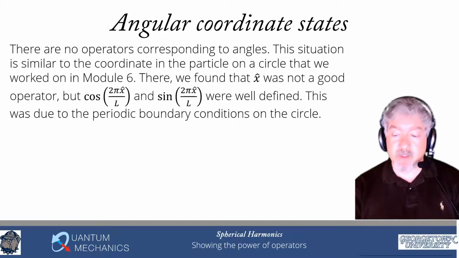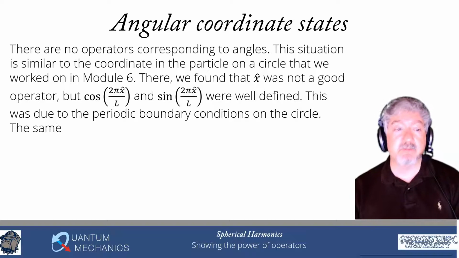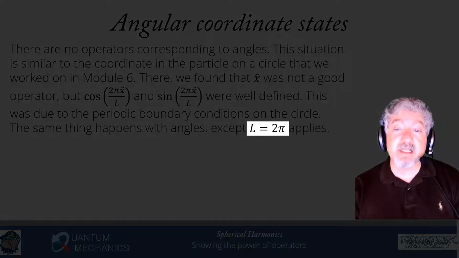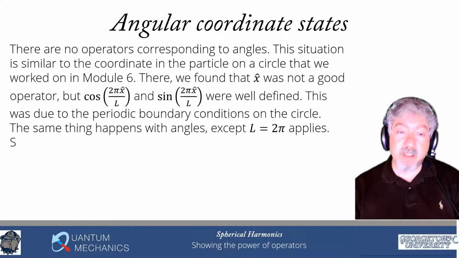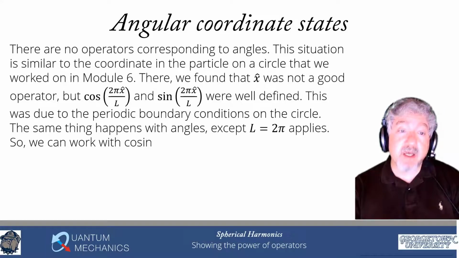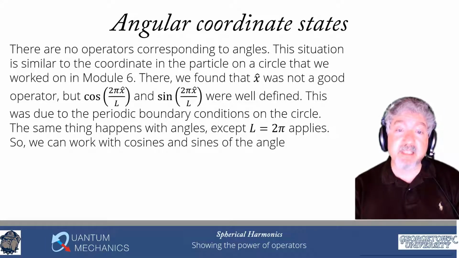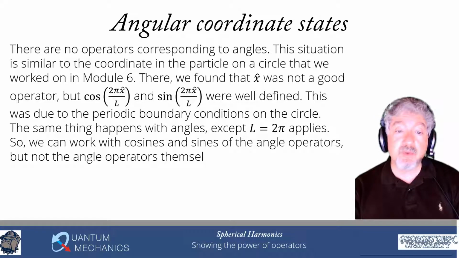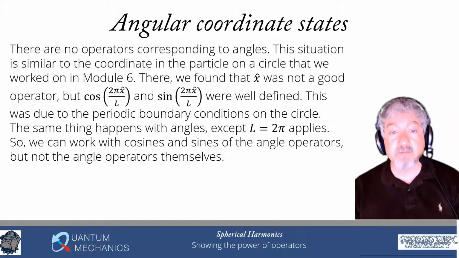You're going to have more about that on a homework. I'm not going to talk about that any further. But the same thing is happening here where the length L is equal to 2 pi for the angles. And so what we find is cosine of theta hat and sine of theta hat are going to be good operators that we can use, but the angle operators themselves, theta hat and phi hat, are not well defined.